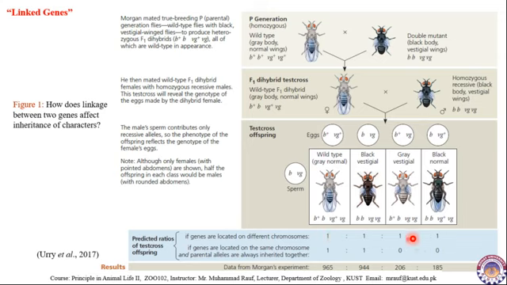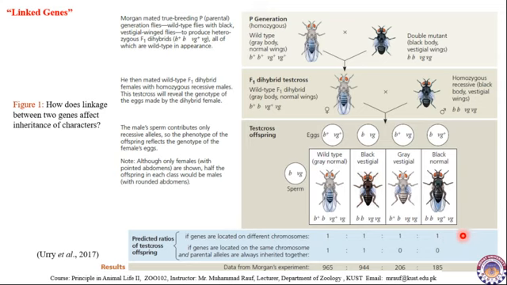It happens only when the alleles are farther apart from each other. It means if independent assortment occurs, then all the offspring will have the same ratio.